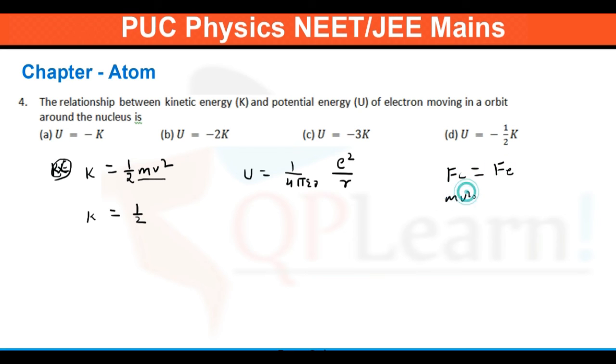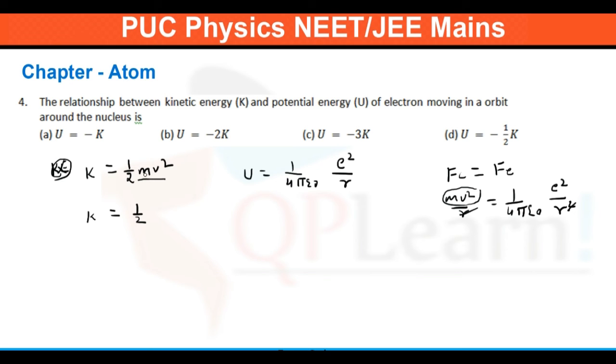Here mv square divided by r is equal to 1 by 4 pi epsilon naught into e square divided by r square. So here this r and this square cancel. So mv square is equal to 1 by 4 pi epsilon naught e square divided by r.